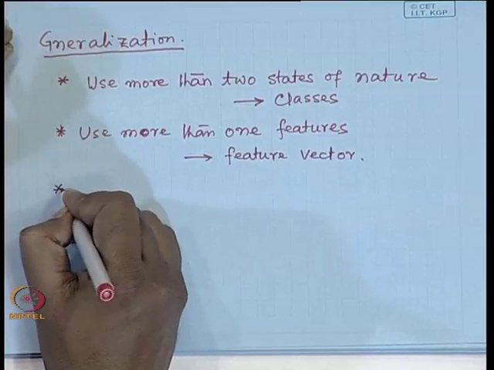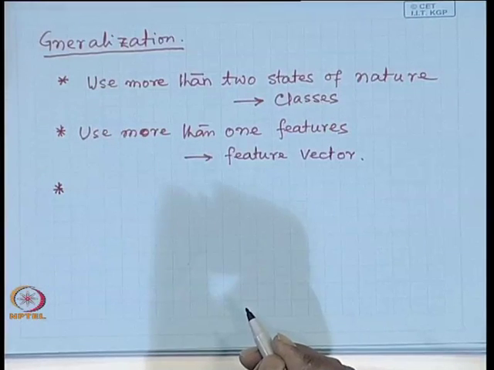The other generalization is, in the earlier case we had only two actions, that is either decide about class omega 1 or decide about class omega 2. Now we can allow a number of actions.